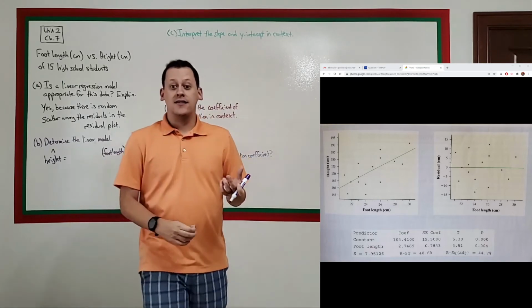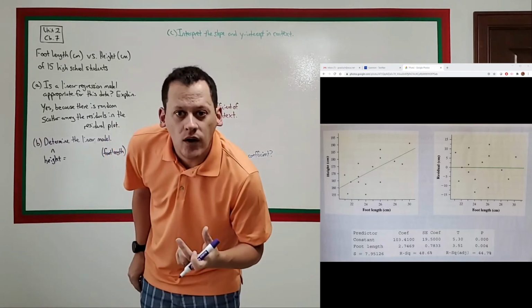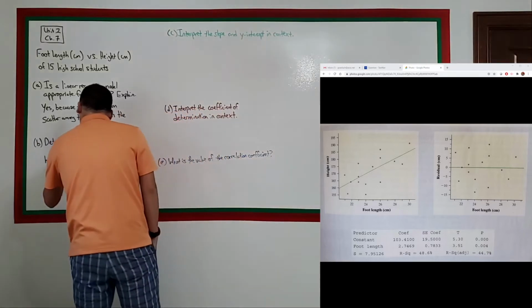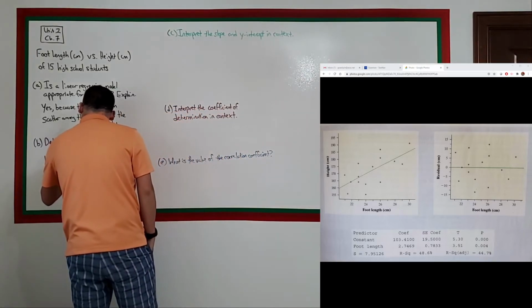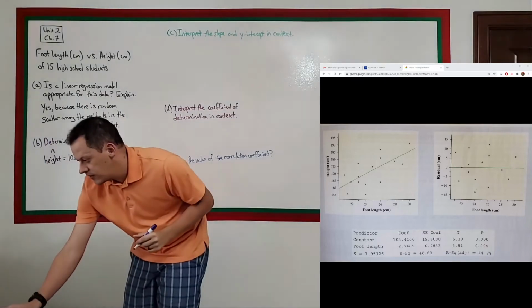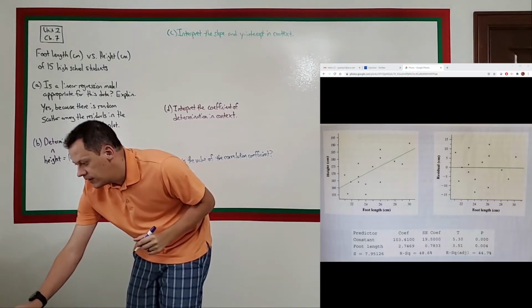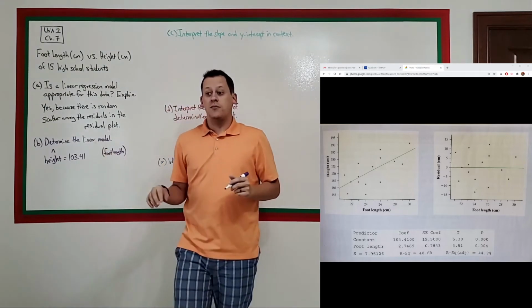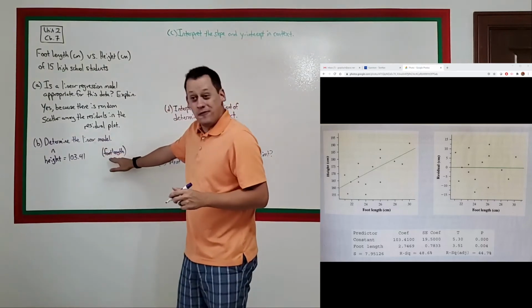And that constant is under coef, and it's 103.41. And the slope is going to be with foot length.